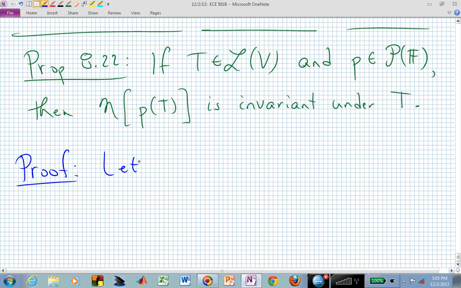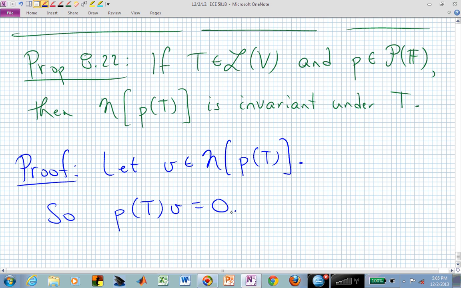First, let's pick a vector in the null space of that P of T. So let's pick V to belong to the null space of P of T. If that's the case, then what do we know about P of T operating on V? That's 0, by definition of V being in the null space of P of T. So now we know this is true.